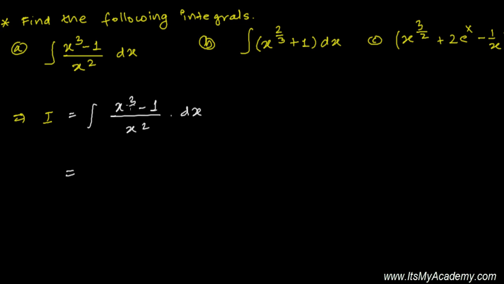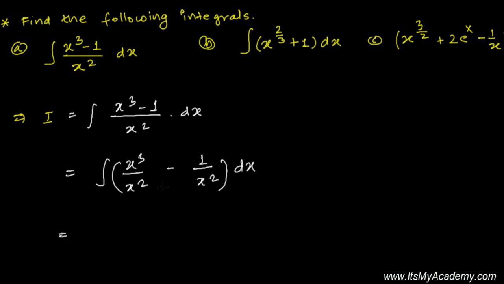You can break one function into as many terms as you possibly can, mathematically, and then you find the integration of each term. So I am going to break x cubed minus 1 over x squared into x cubed divided by x squared, and then minus 1 over x squared, dx.